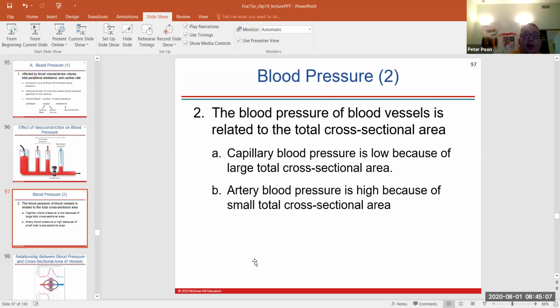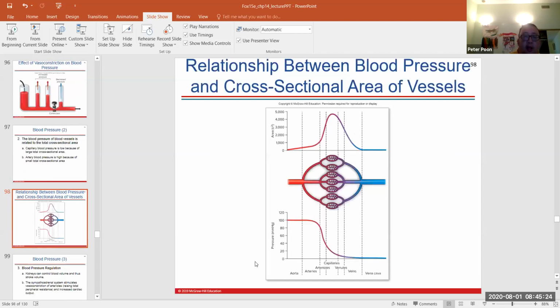The blood pressure of the blood vessels is related to total cross-sectional area. In the capillaries, the blood pressure is low because of the large total cross-sectional area. The artery is high because of the small cross-sectional area. You can see that here.